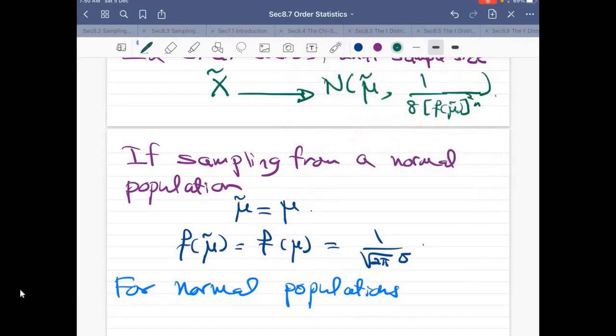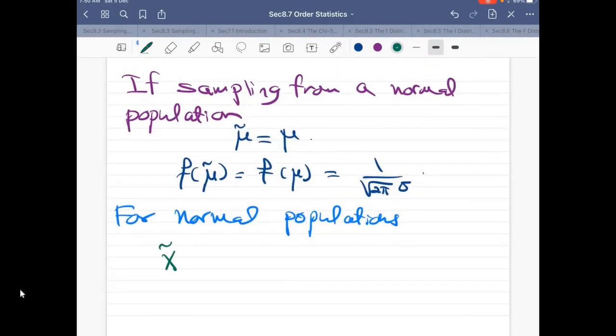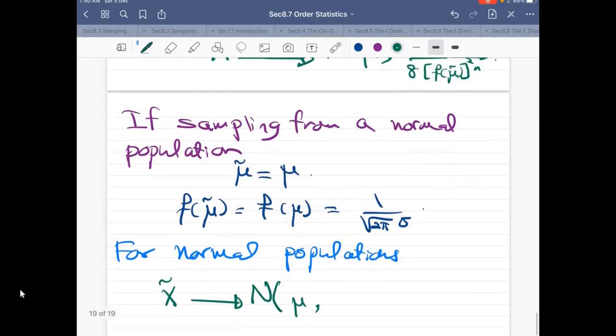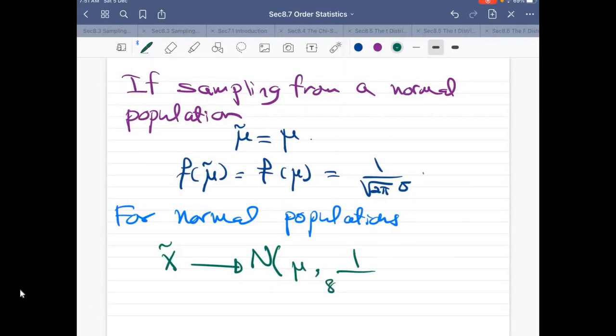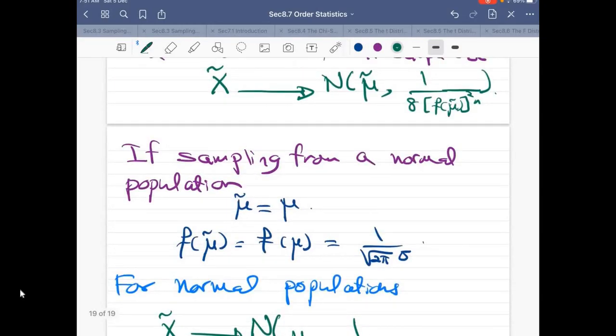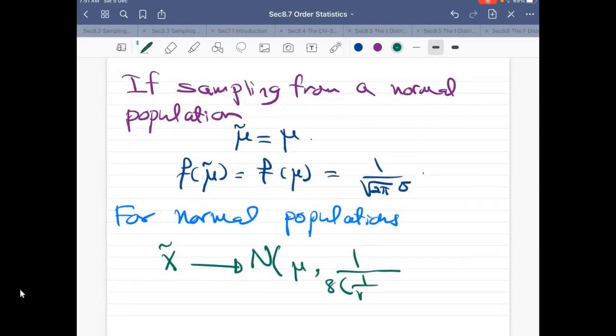the median will converge to a normal distribution with mean equal to mu, and the variance will be 1 over 8 into the value of the density at the median, 1 over root 2 pi sigma, whole squared into n.